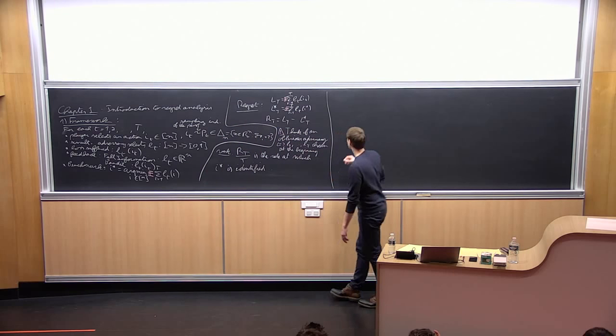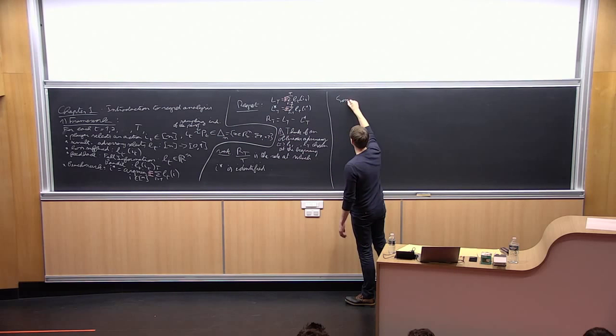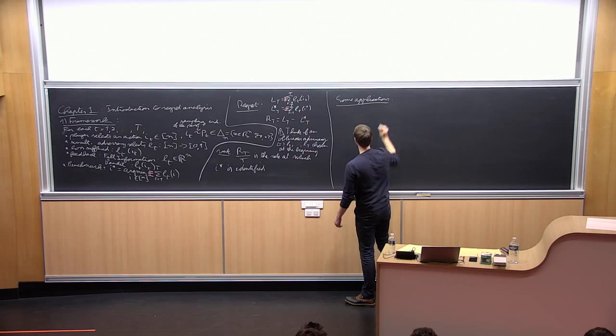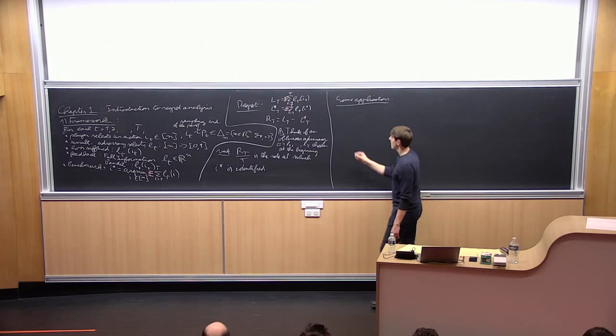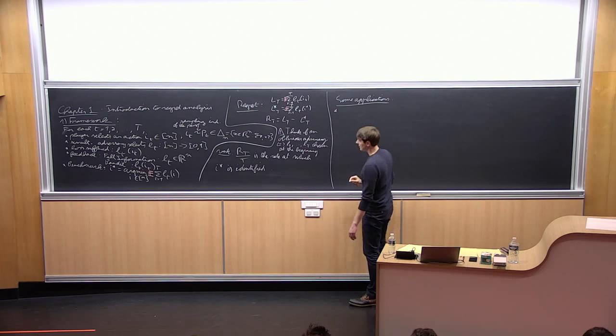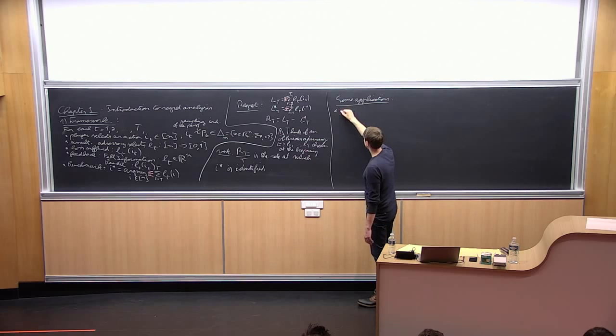So some applications. This theory that we're going to develop and the algorithms that come with it have been very successful in the last 10, 15 years. The main one, the one that makes money, is ad placement.